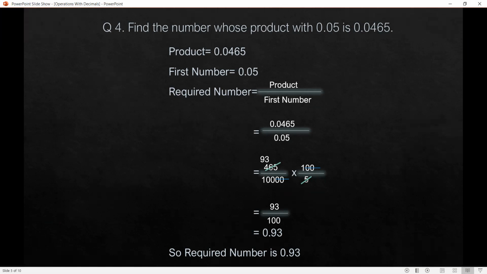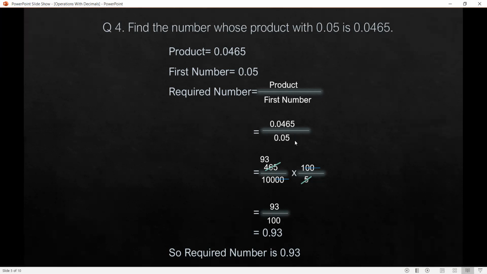First of all, we will write the given numbers, whatever is given in the statement. Now, required number equals product divided by first number. So the product is 0.0465 divided by 0.05.